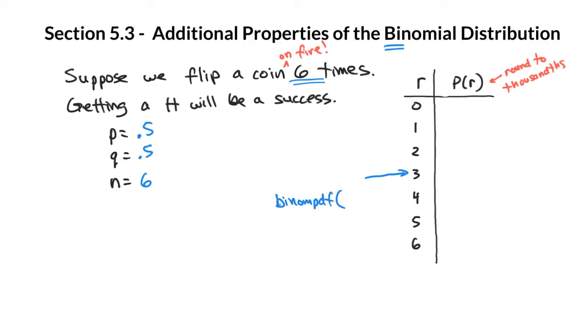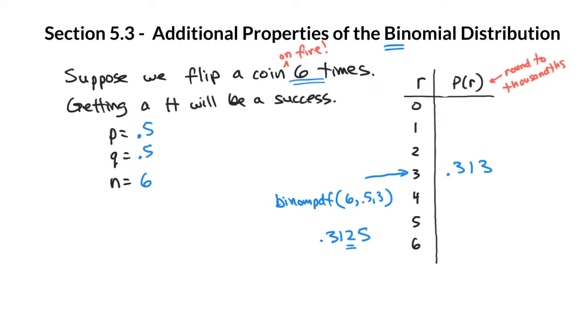Because basically I'm figuring out the probability that R equals 3 successes. So I have n, p, 6, .5, 3. And when I do that, I'm getting 0.3125. I want to round to the thousandth, which means if I round there, I'm going to get 0.313.